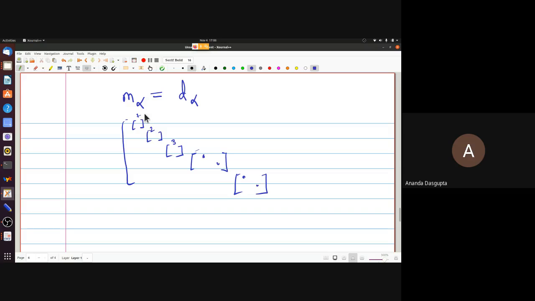Take a look at these: how many rows and columns does this give you? A 2D irrep gives you 2 rows, but it occurs twice, so 4 rows and 4 columns for this block. A 3D irrep gives you 3 rows and 3 columns, but repeated 3 times, so it has 9 rows and 9 columns.